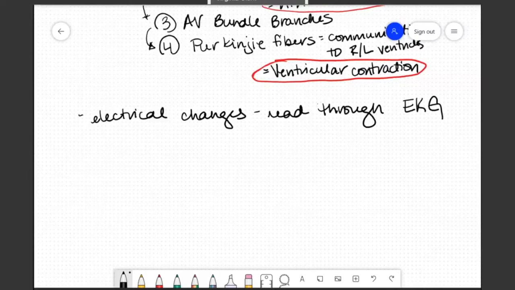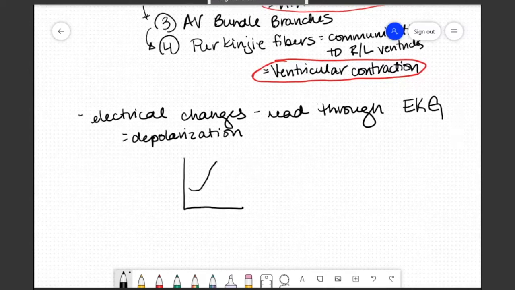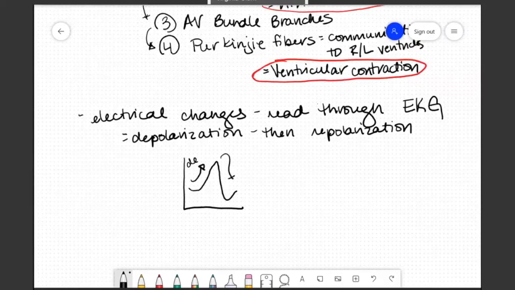So when we're talking about these electrical changes, again, we're talking about the depolarization. When we talked about this, depolarization is always followed by a period of then repolarization. Because remember, you have to have depolarization to then have repolarization, and essentially then you come back to whatever that baseline was.